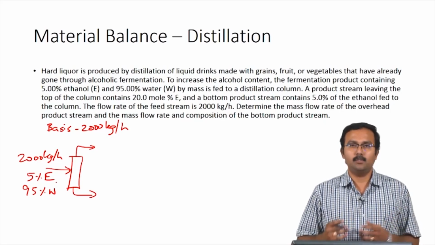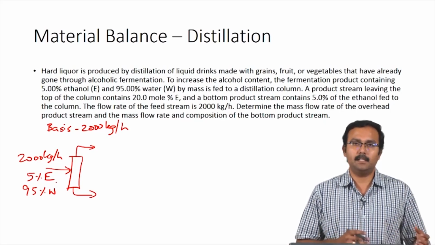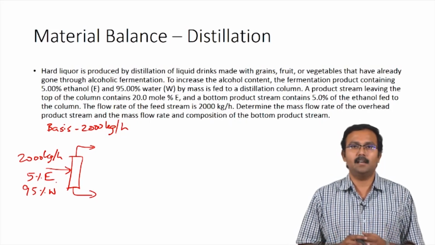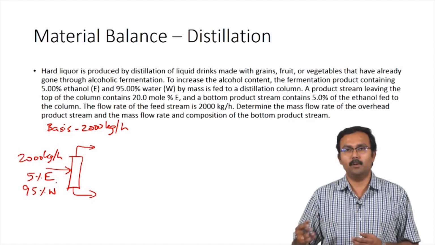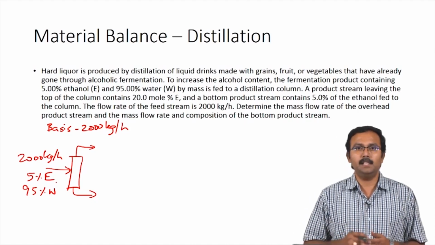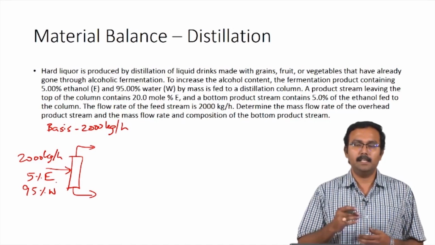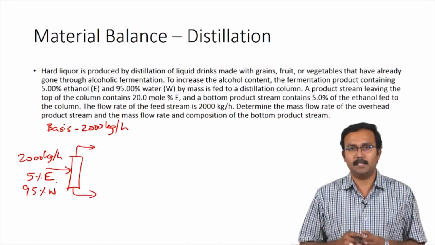Conventionally, liquid and solid streams would be expressed in terms of mass fractions and mass percentages, whereas gases are usually represented in terms of mole fractions. That is why you would see that the distillate stream, which would contain the volatiles, has been given as 20 mole percentage ethanol.